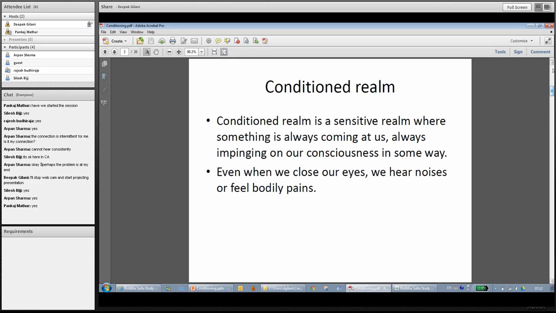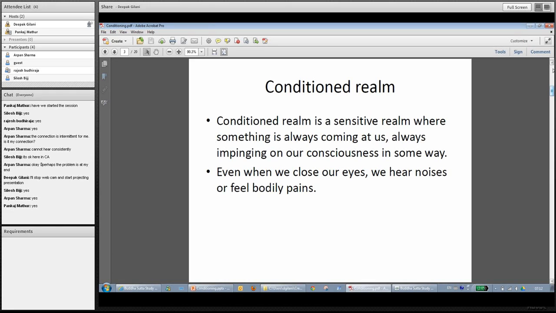What essentially it means is that we have our senses and we have our feelings, and with these senses, with this feeling, there is always something coming to us in terms of some external input through our body, through our ears, through our eyes. Internally also something is coming to us. Something arises in the mind based on our memory.